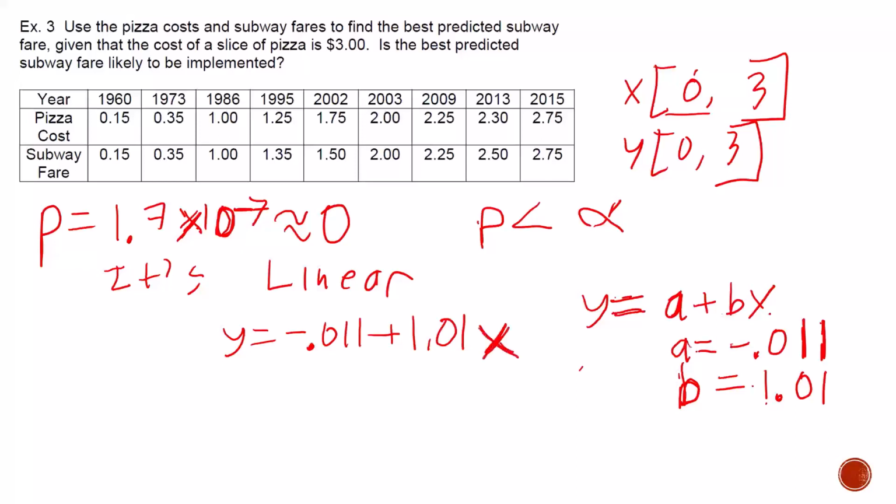Now, before just trusting them on it, we should do a visual inspection that it actually works, right? So let me show you how to put in a line. All right, so to graph this, I'm going to go to y1 equals. I'm going to type in my line. So it's negative 0.011.